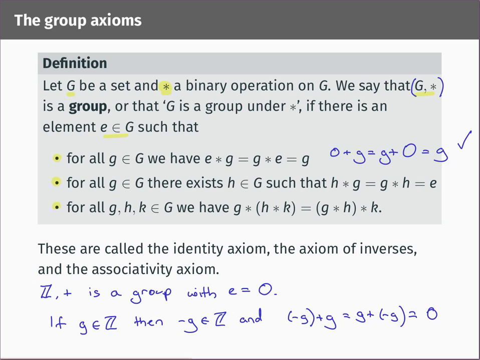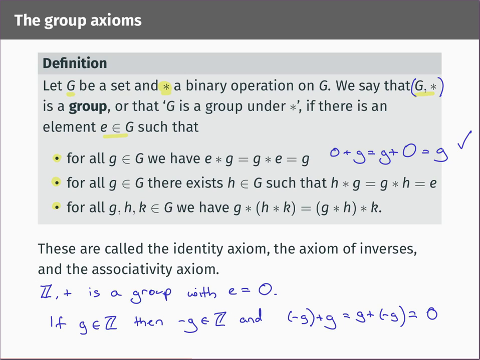So Z together with the binary operation plus also obeys the second axiom, the axiom of inverses. You can also see why it's called the axiom of inverses here. Minus g is often called the additive inverse of g.